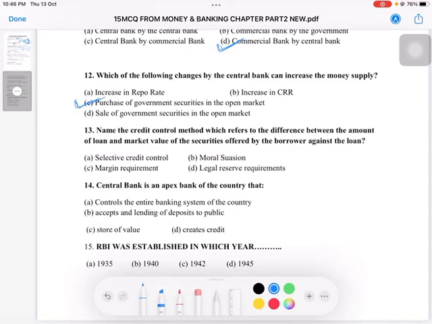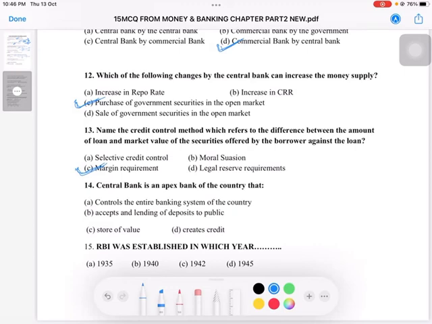The difference between market value of a security and the maximum value is called margin requirement. Margin requirement is a part of qualitative credit control of central bank. The margin requirement is the difference between market value of a security and its maximum loan value. So the right answer is margin requirement.